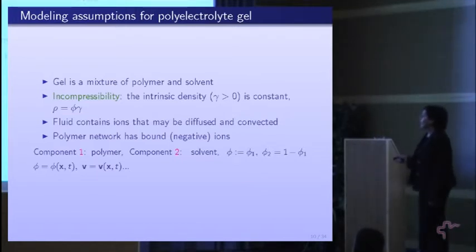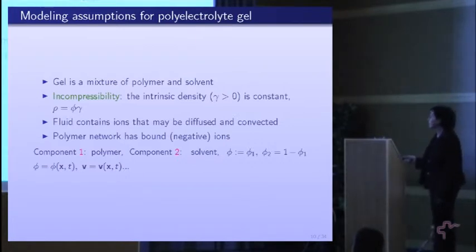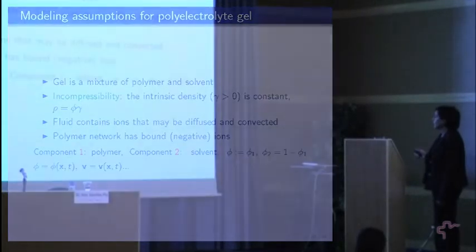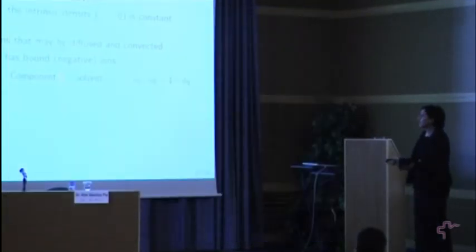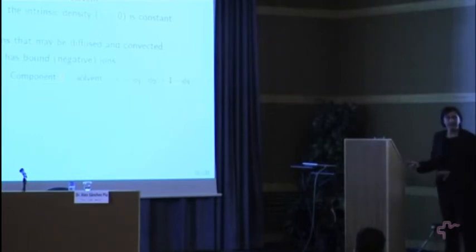In the cases where it appears, the subindex 1 means we're referring to the polymer, and the subindex 2 means we're referring to the solvent. For now, I'm going to introduce the volume fraction of the polymer, phi. As I mentioned, 1 minus phi is the volume fraction of the liquid, or phi2, and everything is basically a function of the point and time.